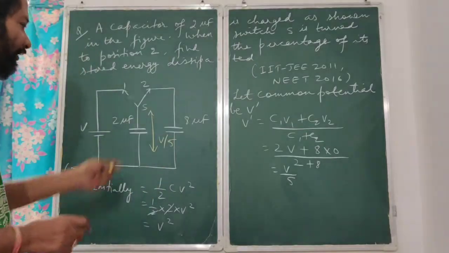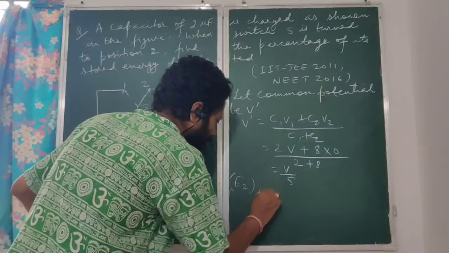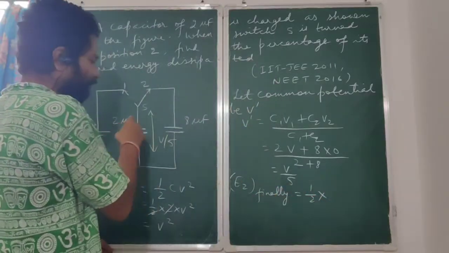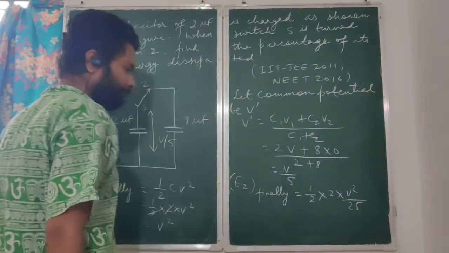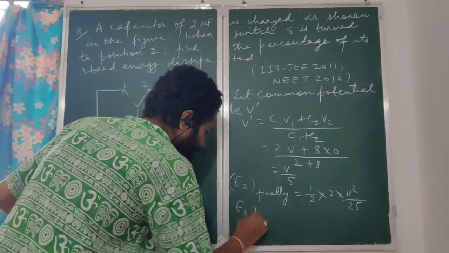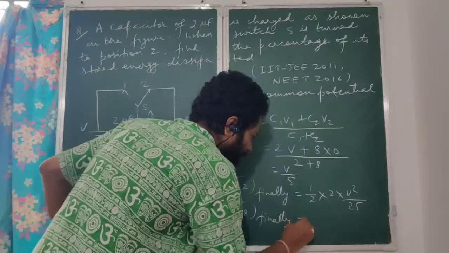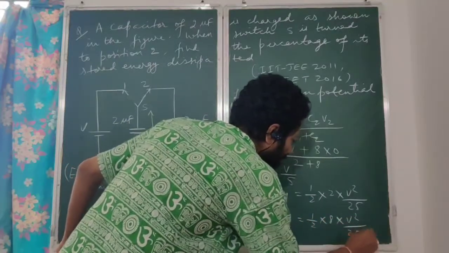So now what will be the energy stored in the 2 microfarad finally? It will be half into C V square, C is 2, into V square by 25. What about the energy stored in the 8 microfarad finally? Again half into 8 into V square by 25.